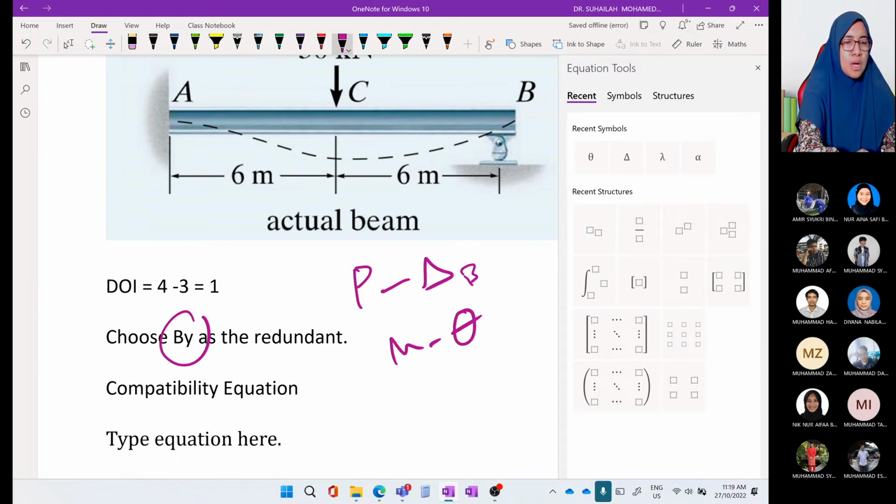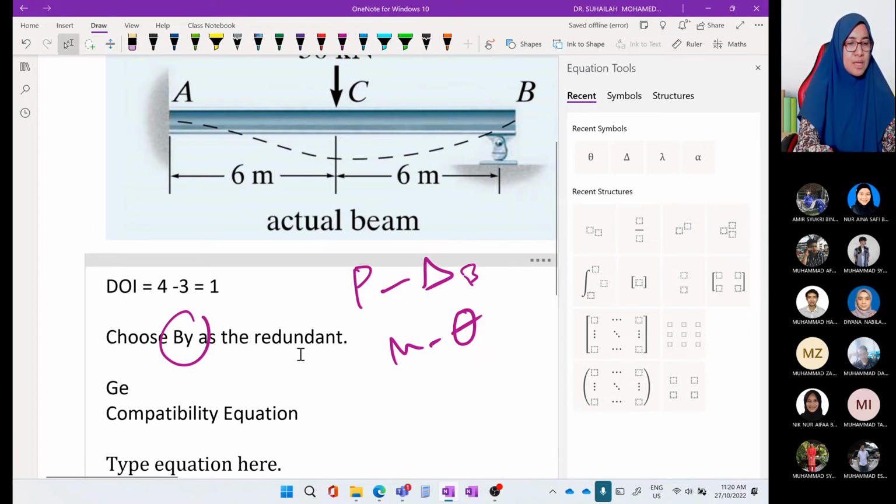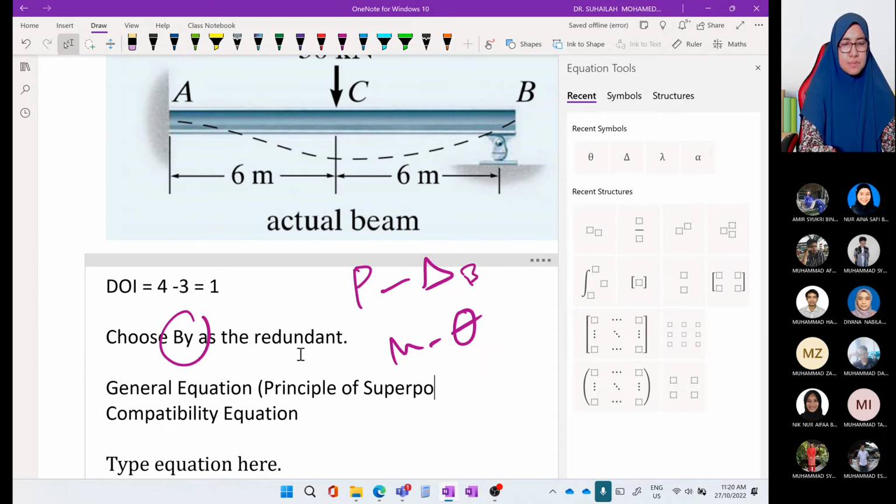Okay, so we will write the compatibility equation based on that one. Okay, compatibility equation we get from the general equation, which is based on the principle of superposition. This is from the principle of superposition.